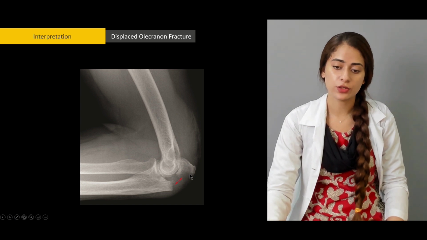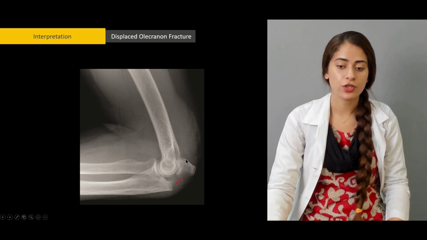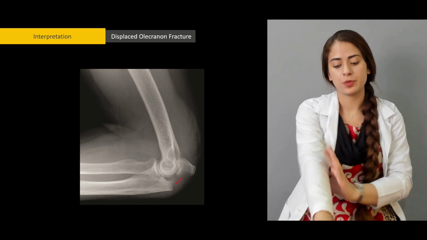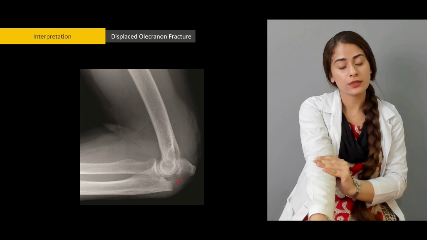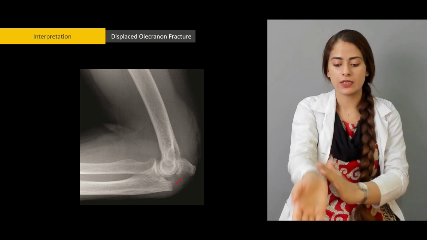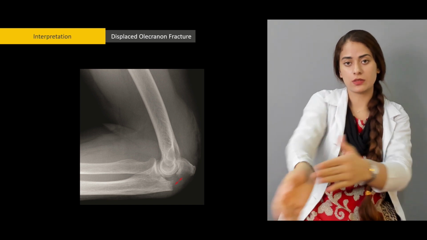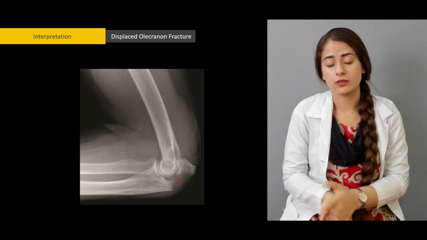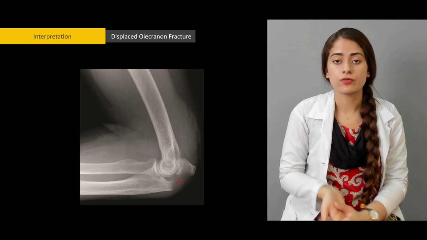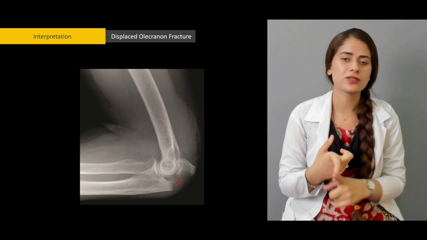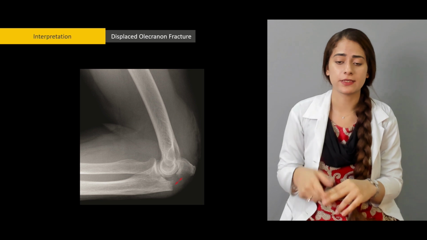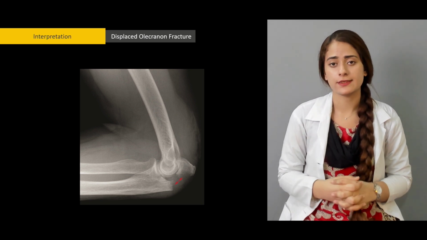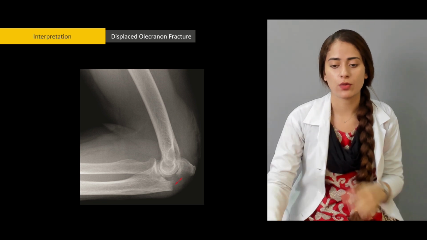What this will do is it will impinge here and probably cause a supracondylar fracture as well if a patient falls on an outstretched hand in a way that this is compressed. Then two fractures can be suspected. One is the displaced olecranon fracture, and the other one is the supracondylar fracture of the humerus.